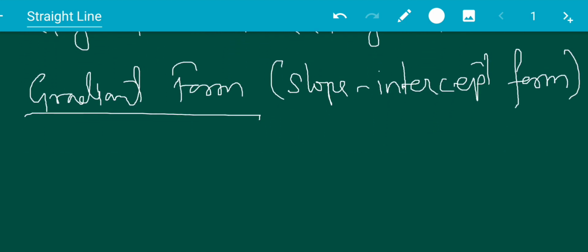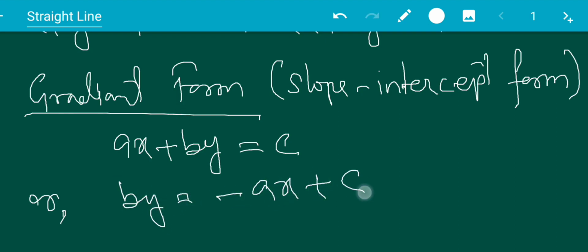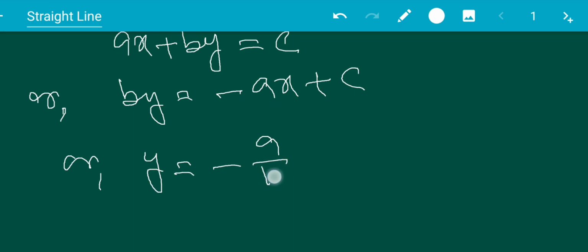Here if you have a line, suppose ax plus by is equal to c, then we can write this as by is equal to minus ax plus c, or y is equal to minus a by b x plus c by b.